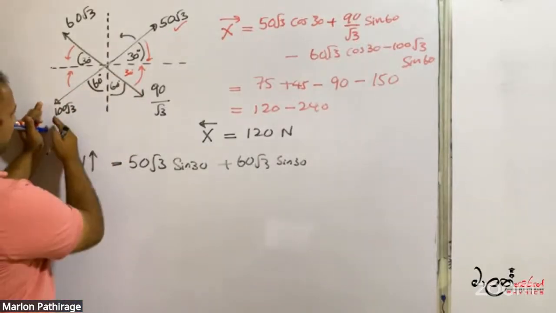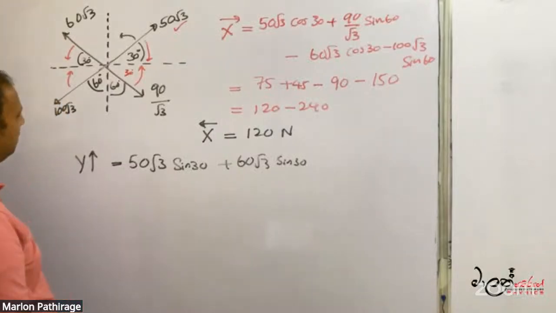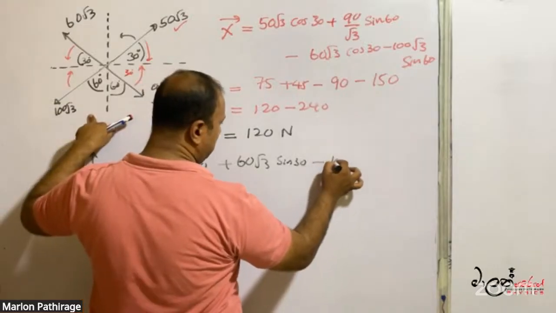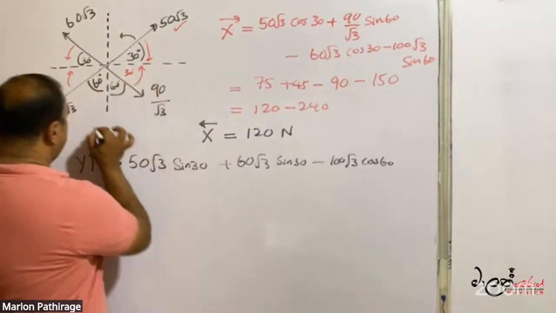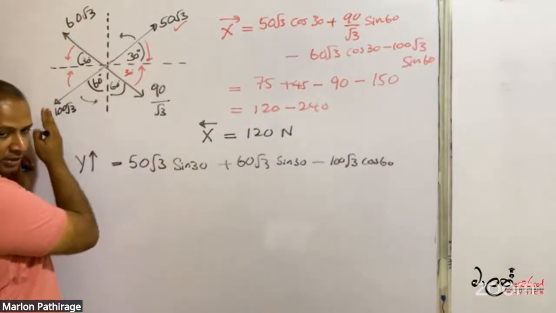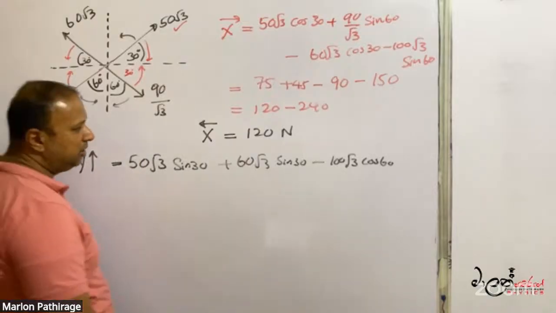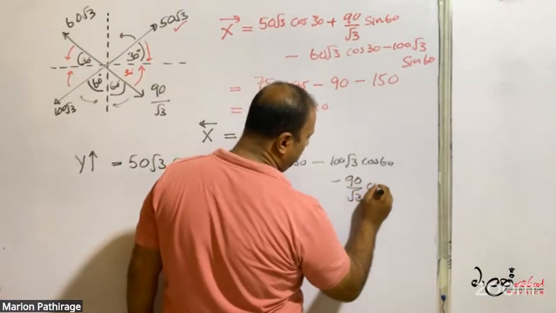Then 100 root 3 and 90 root 3 cos 60. 100 root 3 minus cos 60 angle. Then 90 over root 3 cos 60 minus 90 over root 3 cos 60.